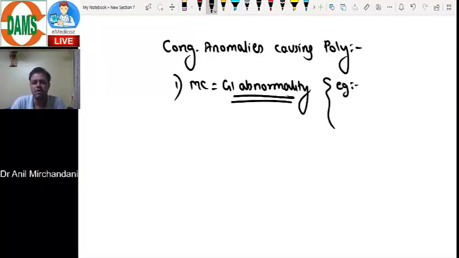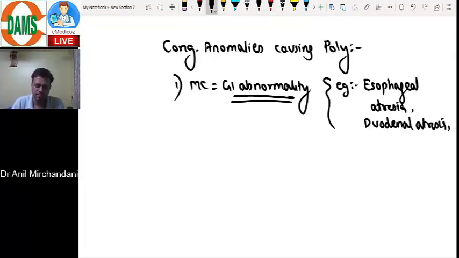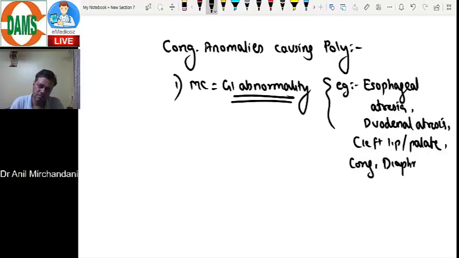Examples would be esophageal atresia, then duodenal atresia, then cleft lip, cleft palate, then congenital diaphragmatic hernia. See, when there is esophageal atresia or duodenal atresia, the drainage mechanism is blocked.